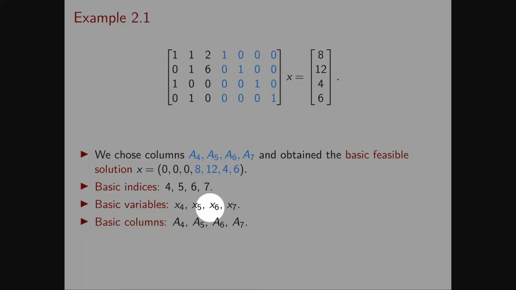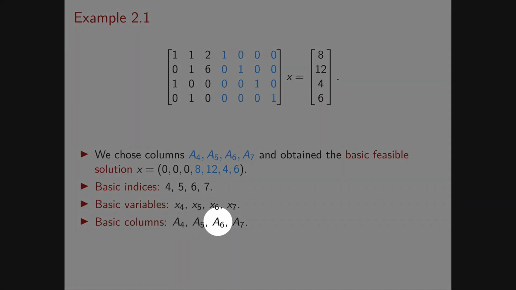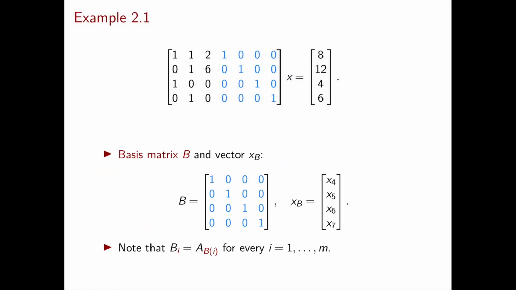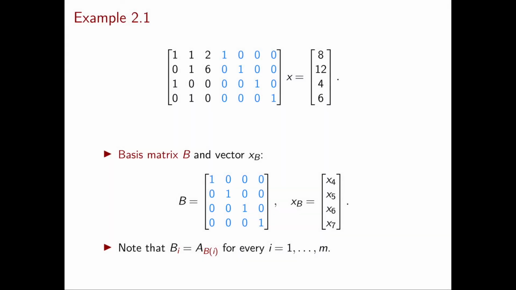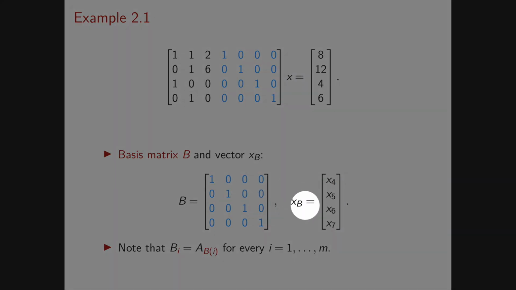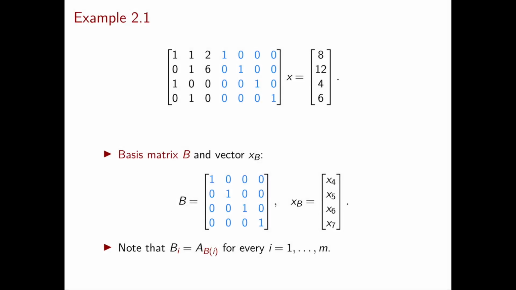And the basic columns are A4, A5, A6, and A7. The basis matrix B is obtained by only keeping my selected columns, so in this case I obtain this nice identity matrix, and xB is the vector containing all the basic variables x4, x5, x6, and x7. Now I hope that with this example all these definitions are a bit clearer to you.